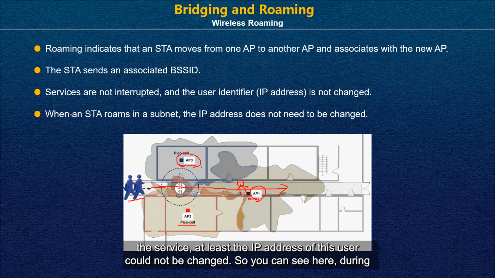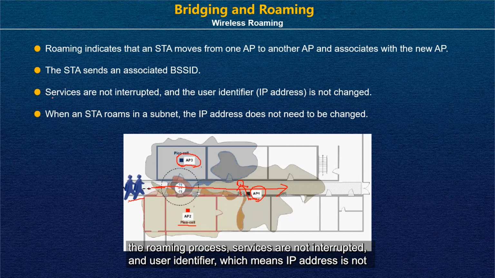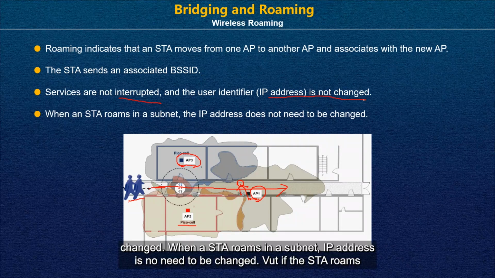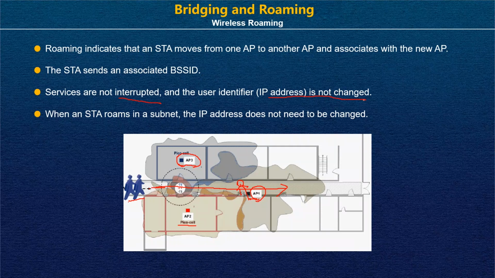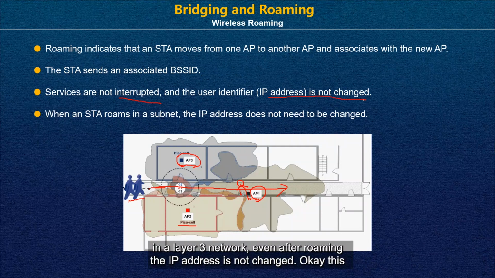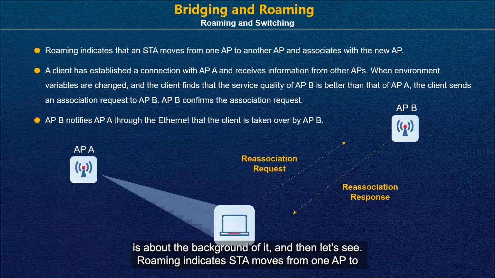So you can see here, during the roaming process, services are not interrupted, and the user identifier, which means the IP address, is not changed. When an STA roams in a subnet, the IP address does not need to be changed. But if the STA roams in a layer 3 network, even after roaming, the IP address is not changed either. Okay, this is about the background of it.